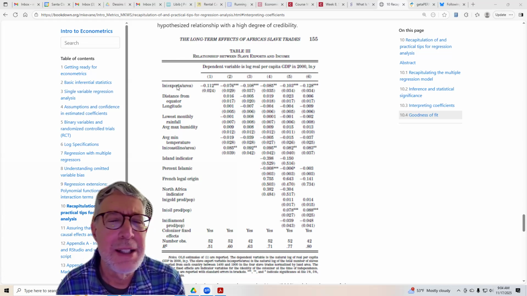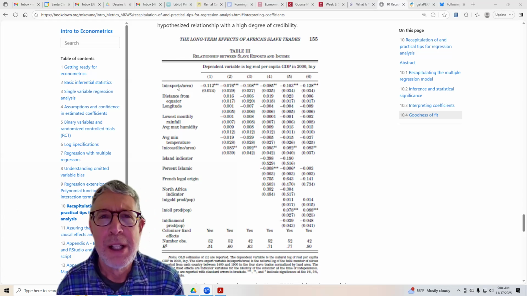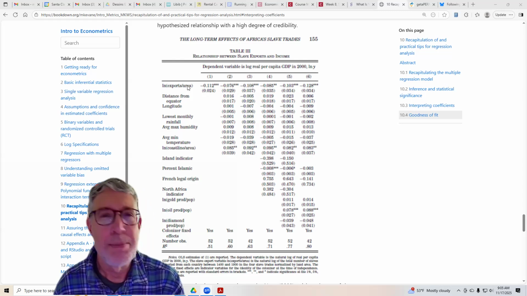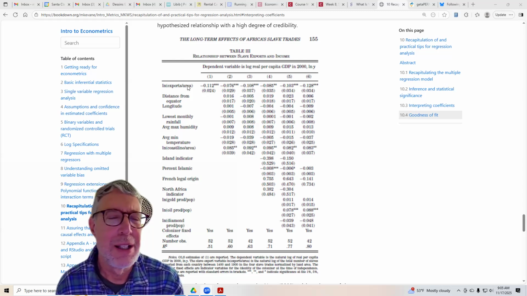Where does the data on the slave exports come from? Well, historians over the last 50 years prior to this dissertation had been collating all of the ship manifests from records and customs manifests. And so there are pretty good records of this slave economy.